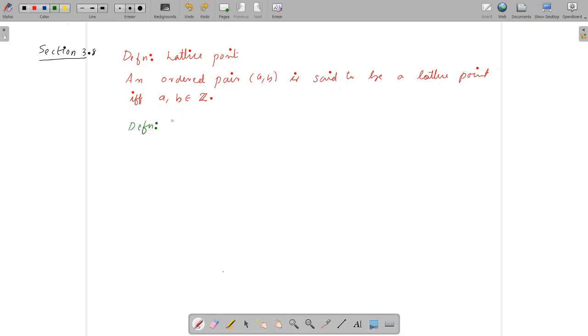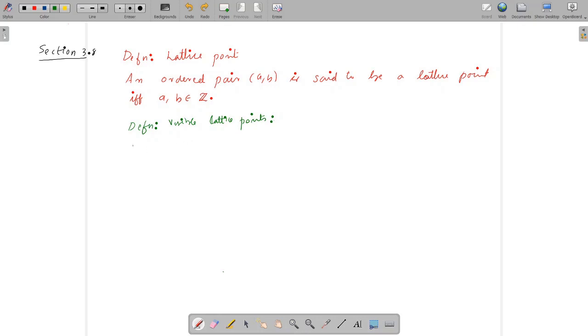We have another definition, visible lattice points. When do we say that two lattice points are visible?